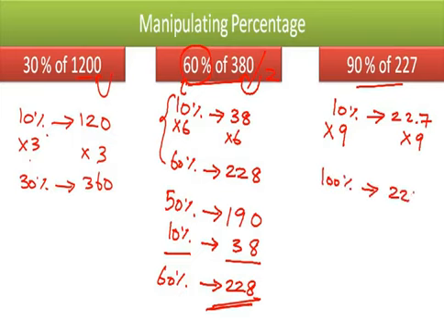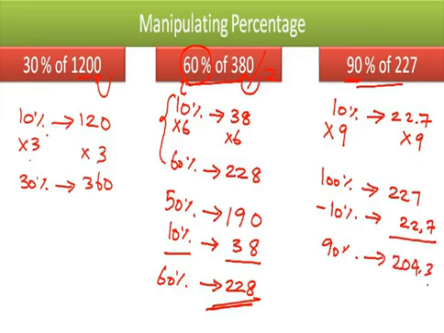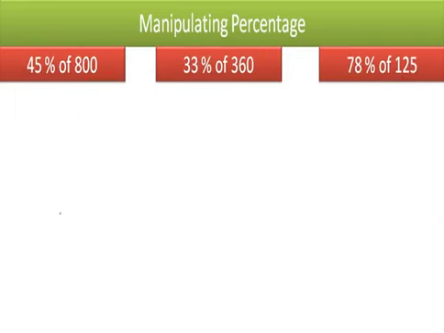It is 227, right? Now in order to get 90%, isn't that enough to remove 10%, which is obviously 22.7? So what is 90% of 227? It's going to be 204.3.